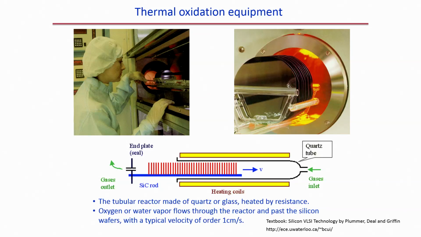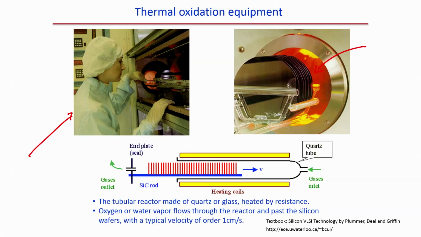Now, you can see here we have wafers loaded onto the wafer holder, and this wafer holder is inserted inside this horizontal tube furnace. It is already heated, and you can see that the operator is pushing the wafers inside the horizontal tube furnace.